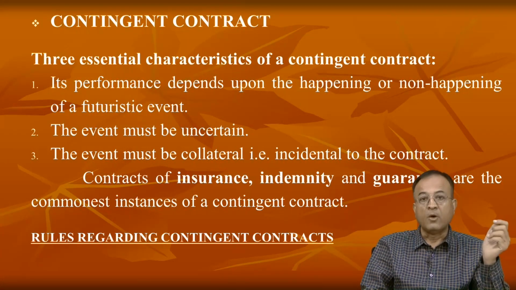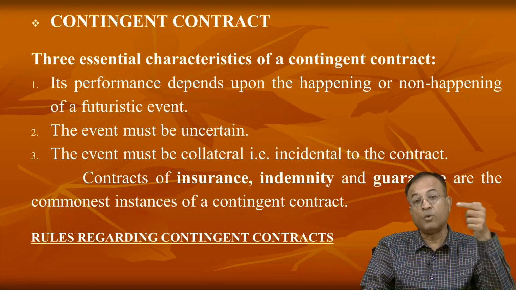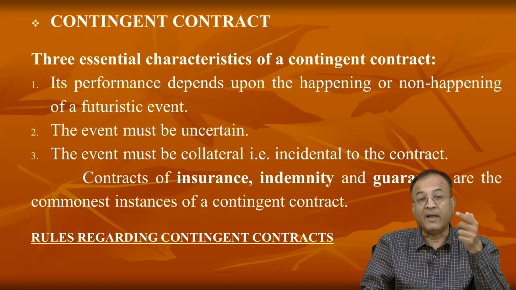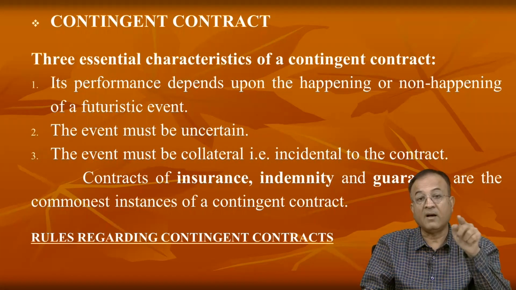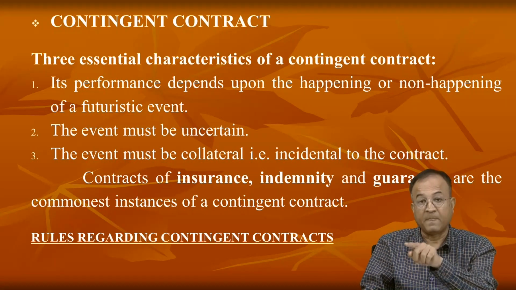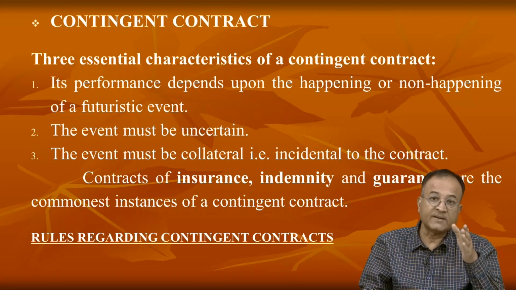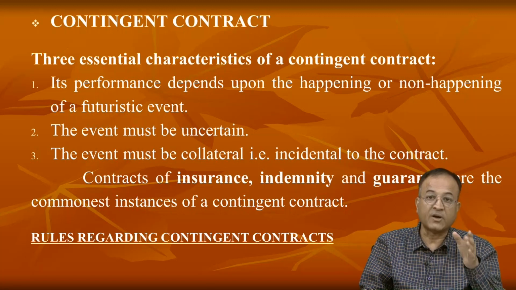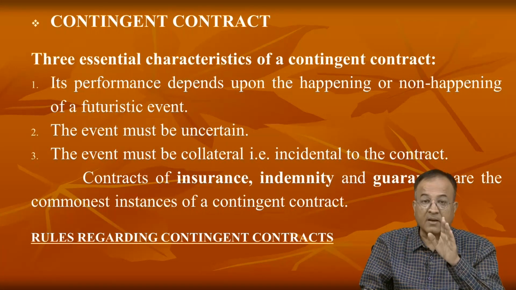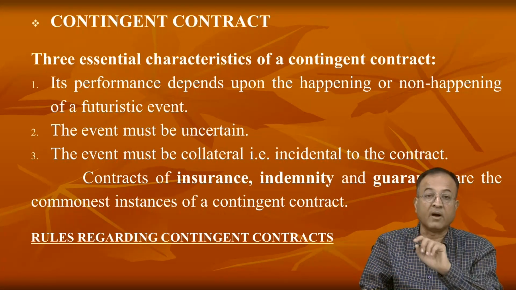Goods sent on approval is a contingent contract. Like A agrees to sell a certain piece of land to B in case he succeeds in the litigation concerning that land. This is a contingent contract.